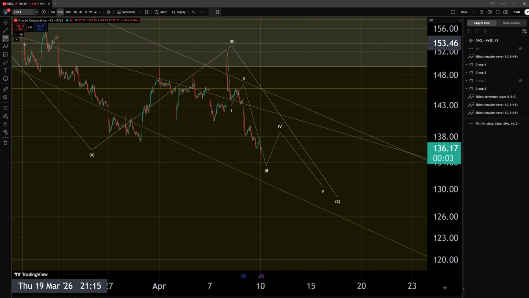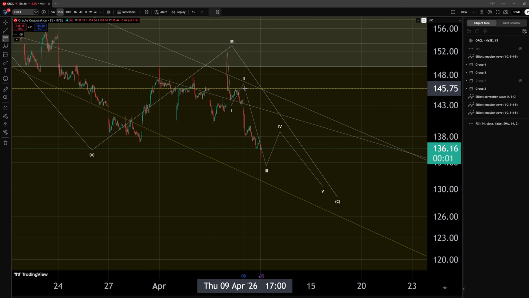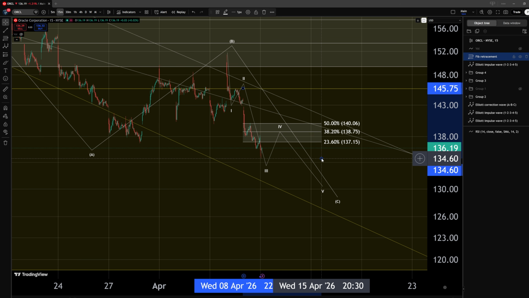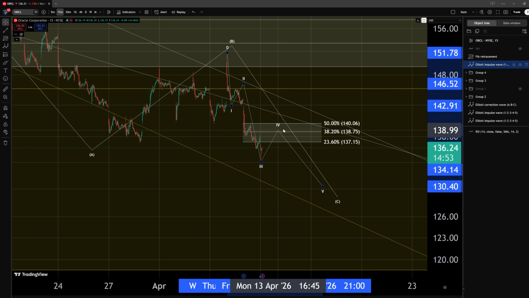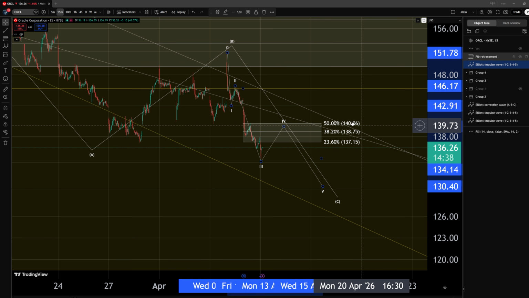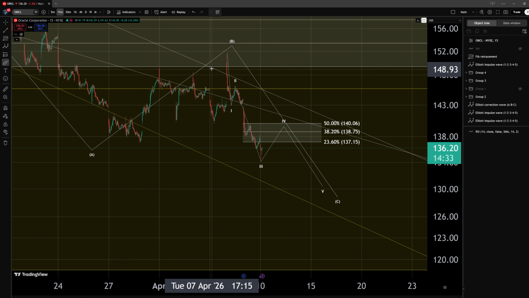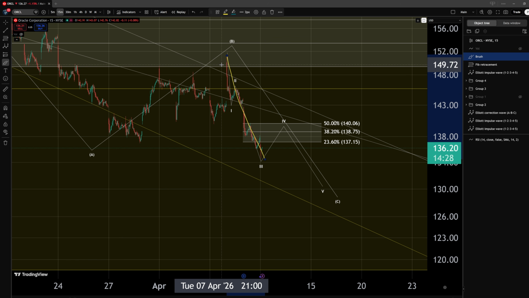So we can track resistance levels for even an early signal that a bottom would be in place, at least within this structure. And for that, I would be watching the $140 level to be the last level of resistance for this interpretation. A sustained break above the 50% retracement would be our indication that this wave to the downside would likely not extend.